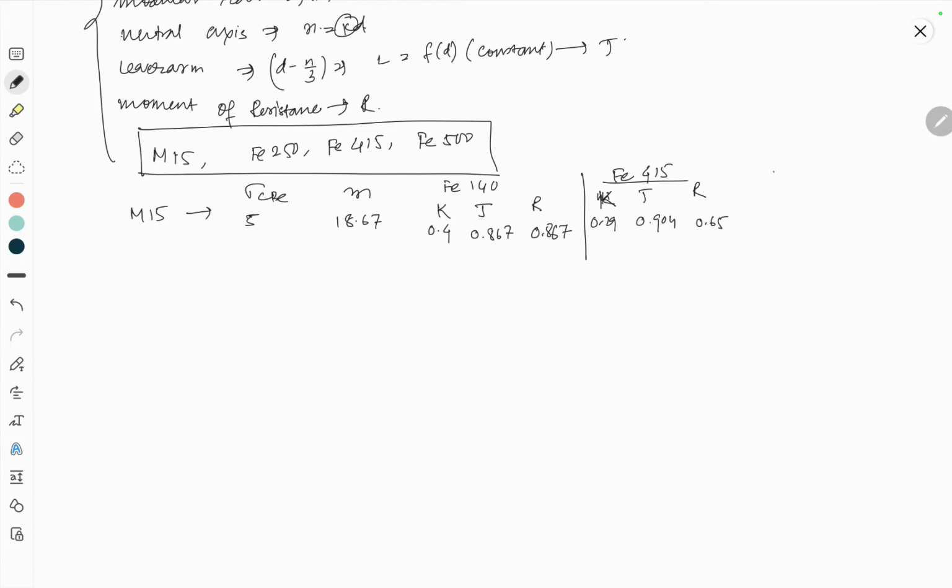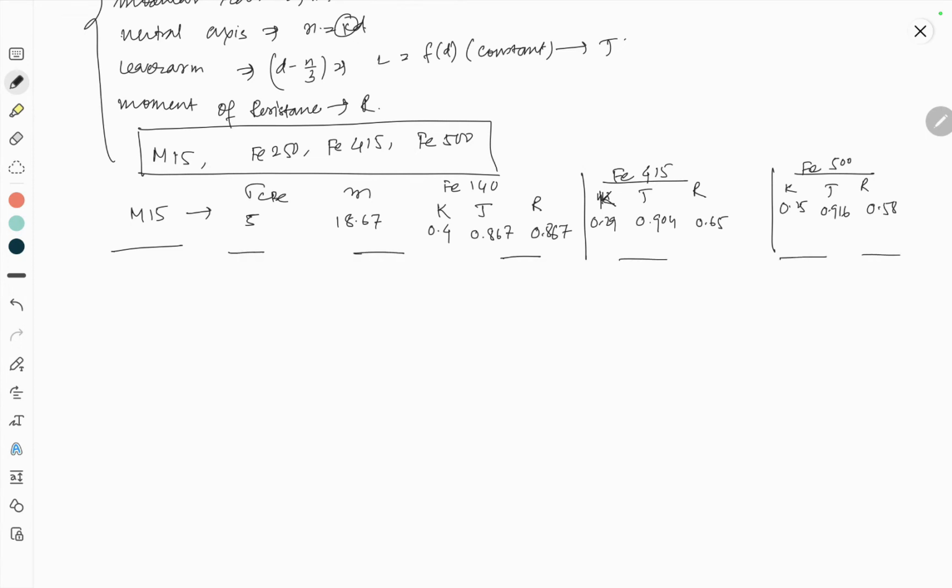And in case you are using Fe 500, then k is 0.25, j is 0.916, R is 0.58. This is for M15.